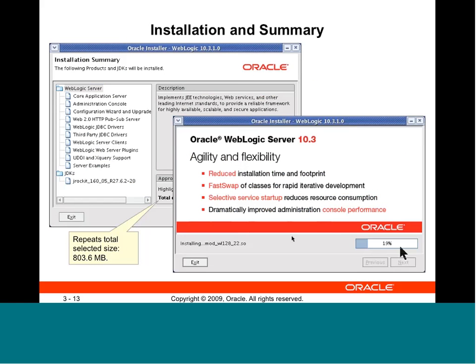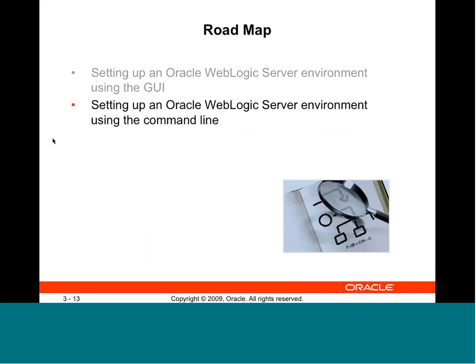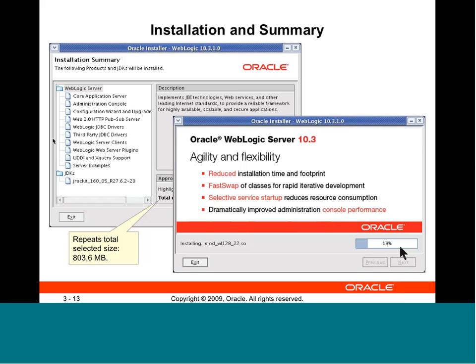So once you have done, depending on the components which you have, it will start the installation, right? And once you get this to 100%, it means your WebLogic Server product files are installed.